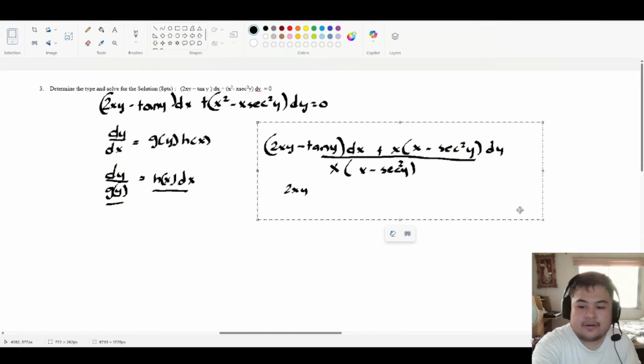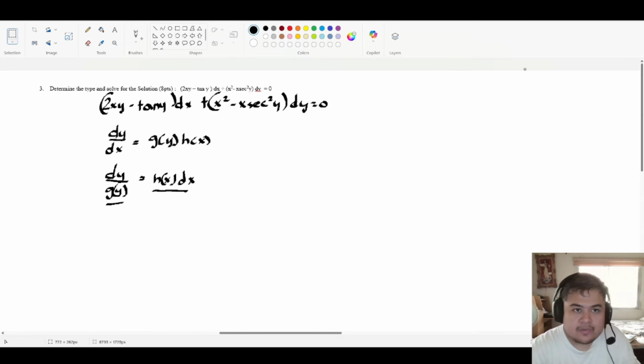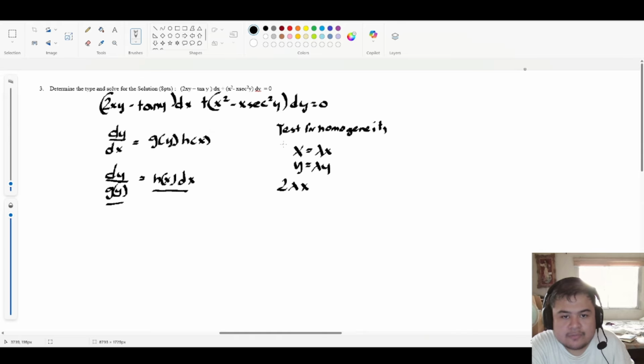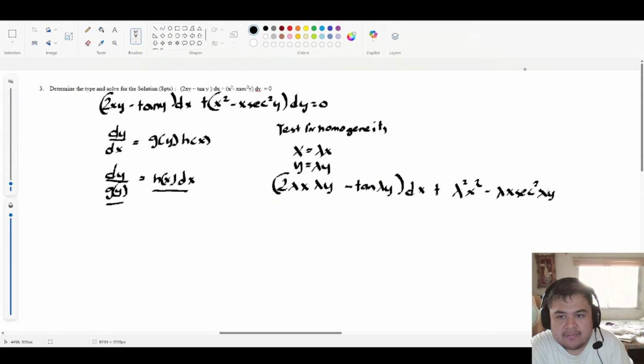Okay? How about homogeneous? For homogeneous, we have a test for homogeneity. The test is you let x equal lambda x, y equal lambda y. So we substitute the variables: lambda x, lambda y minus tangent lambda y dx plus lambda squared x squared minus lambda x secant squared lambda y.